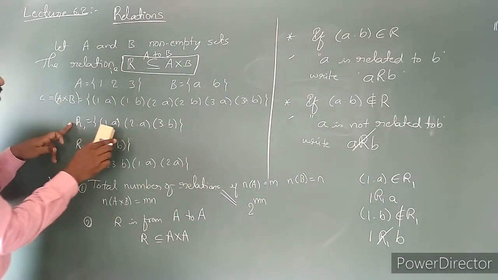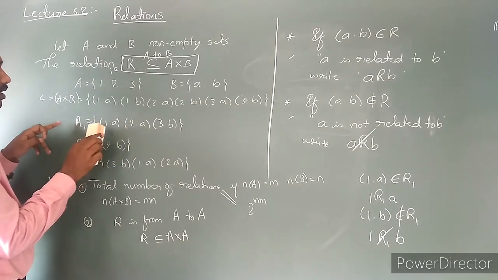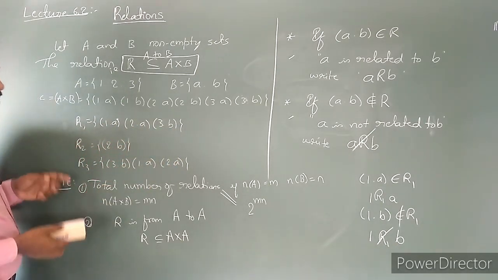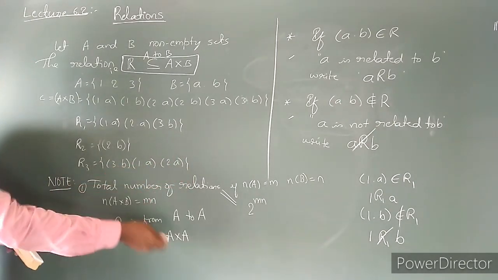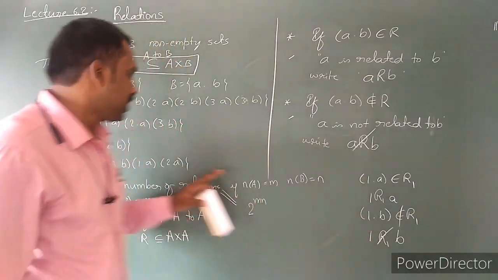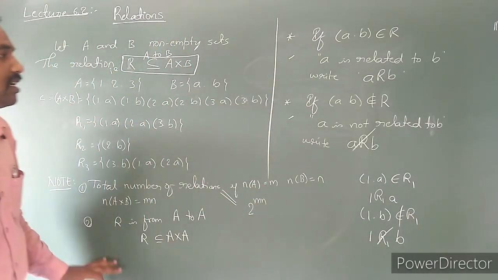In this relation only it is not related. But 1 comma B may be present in a different relation. Is that clear? This is all about the relation. Particularly these two notes and these two points, just remember.